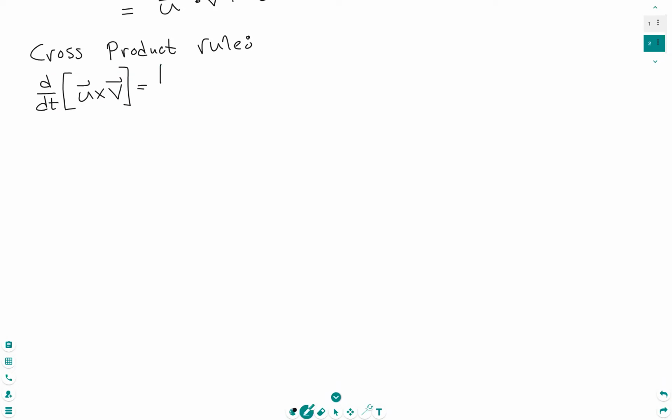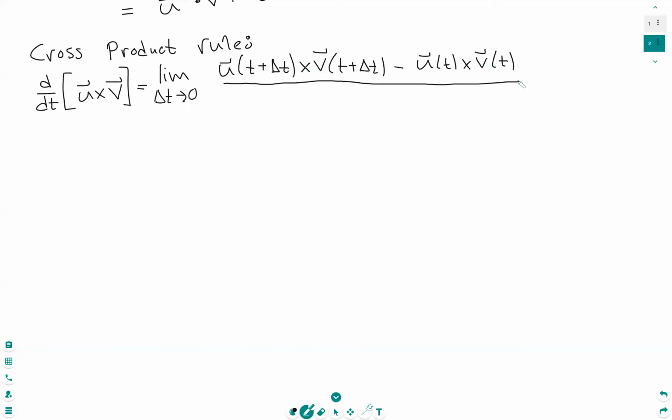I'm going to write this as the limit as delta t goes to 0 of u of t plus delta t crossed with v of t plus delta t minus u of t crossed with v of t, all over our delta t.